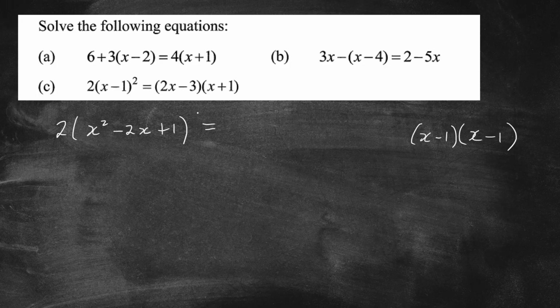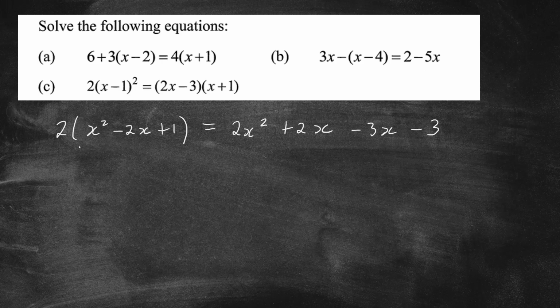We've got 2x multiplied by x and then by 1, so we've got 2x squared plus 2x, and then the negative 3, so minus 3x minus 3.